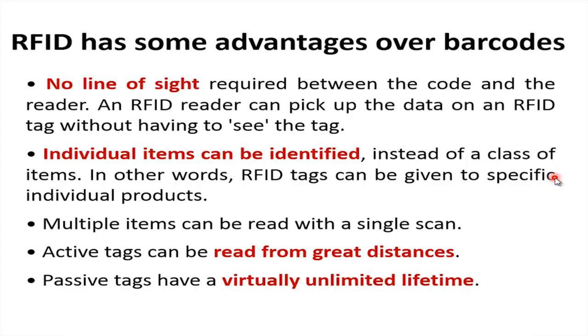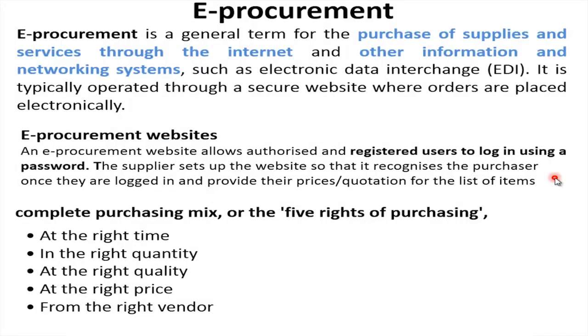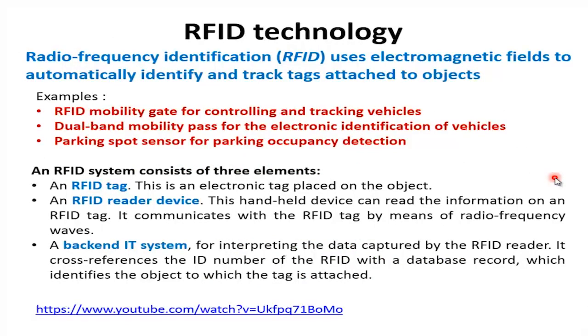Multiple items can be read with a single scan. Active tags can be read from a great distance. Passive tags have a virtually unlimited lifetime. On the board, I will explain about RFID.